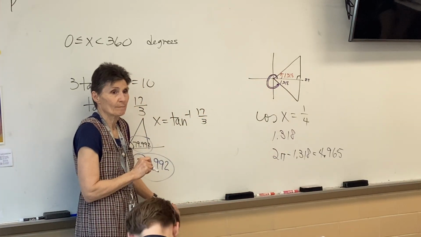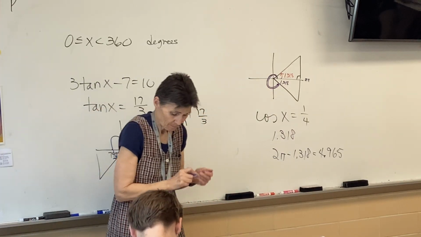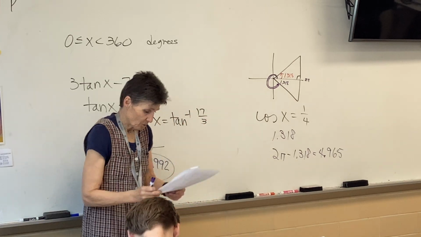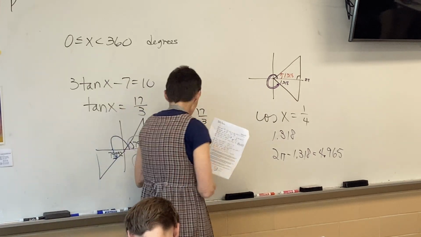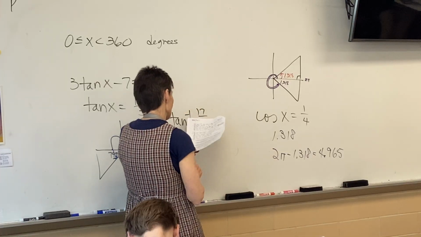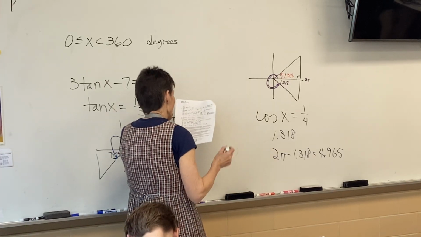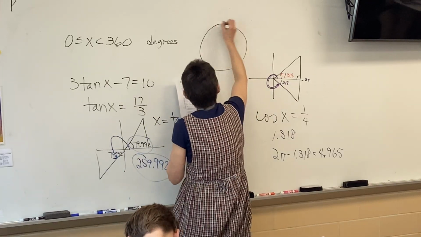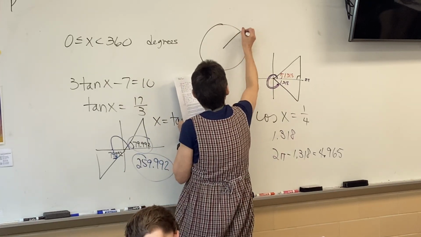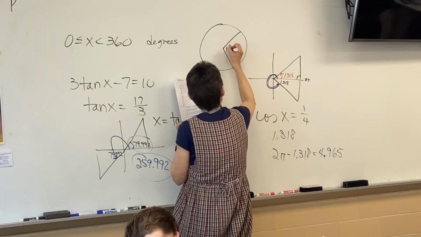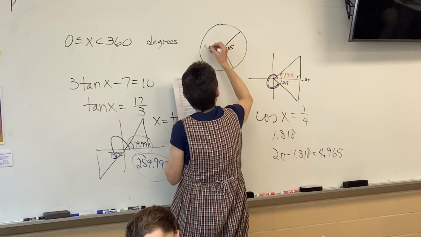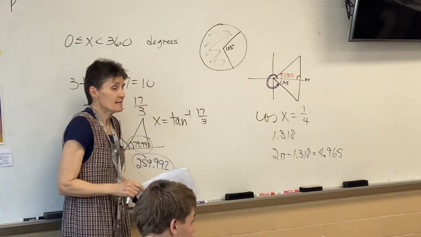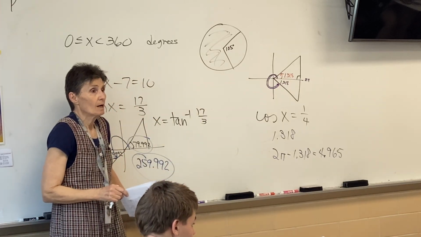Jackson? Can we do 13E on the pretest? 13E? Yep. It says find the area of the shaded region and the length of the arc determined by the number. Okay, so here's the shaded region. What is the angle of the shaded?